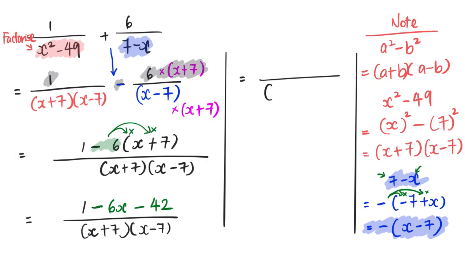Whole thing still over x plus 7, x minus 7. I will have negative 6x, (1 minus 42) will give me negative 41.